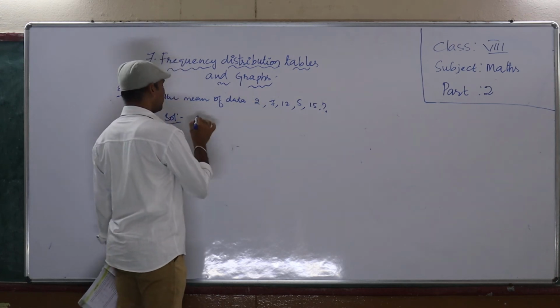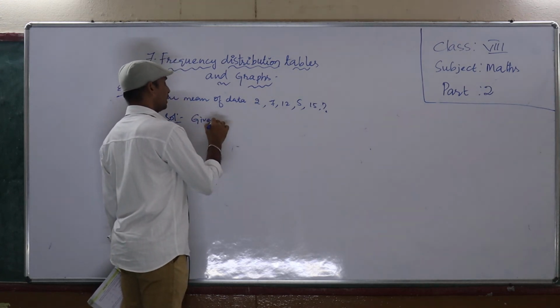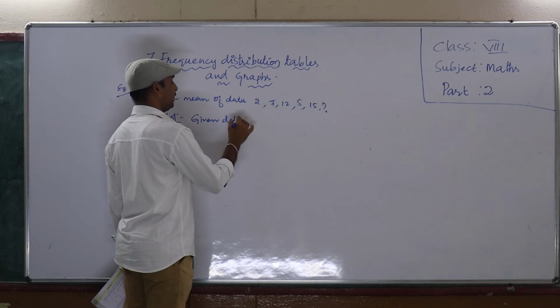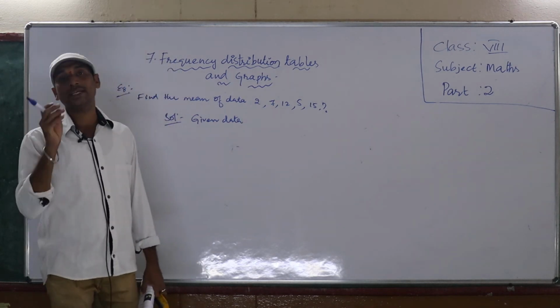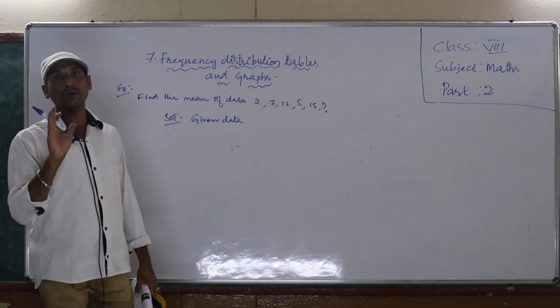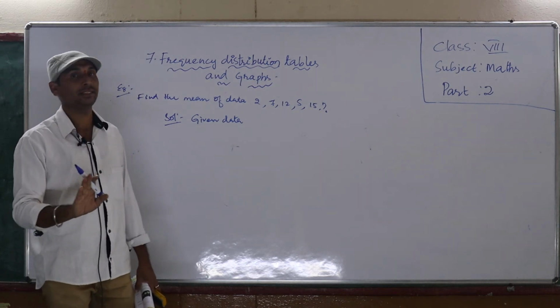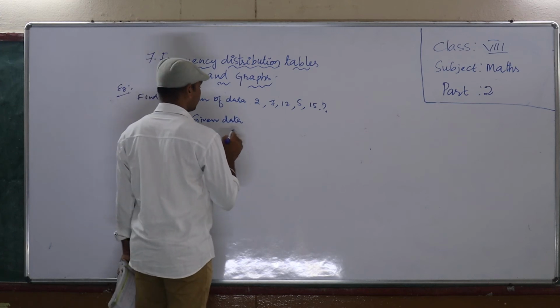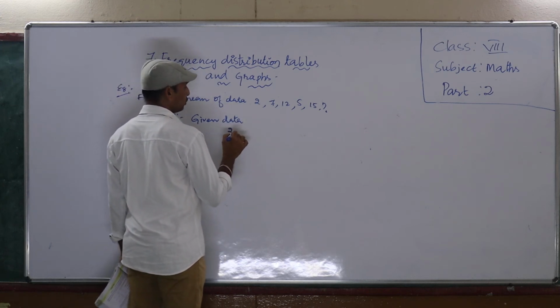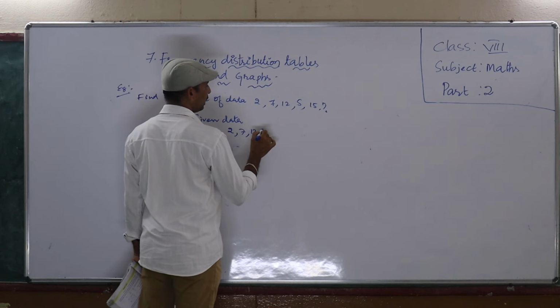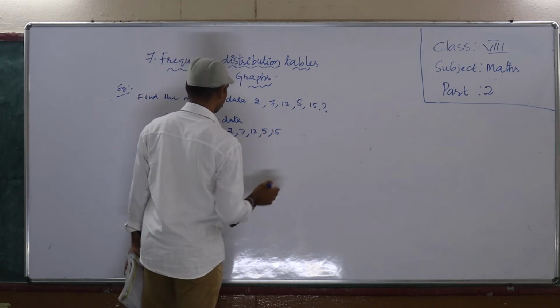So first we have to write the given data. So here no need to write ascending, descending. Only ascending or descending we have to use in the median when we are finding median. Right, given data. So what is given? 2, 7, 12, 5, 15.